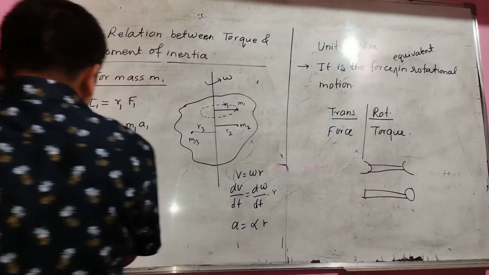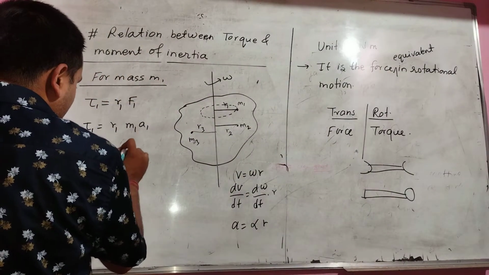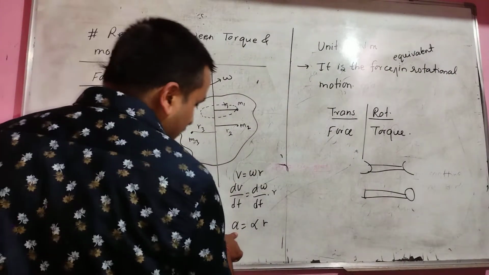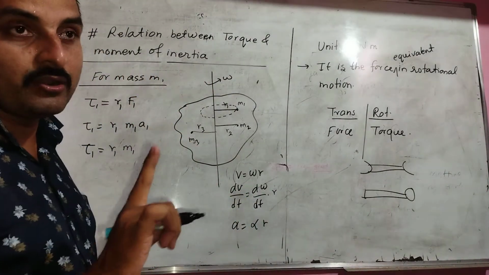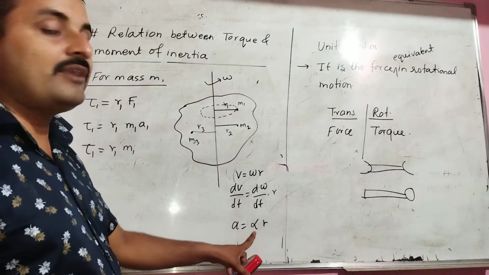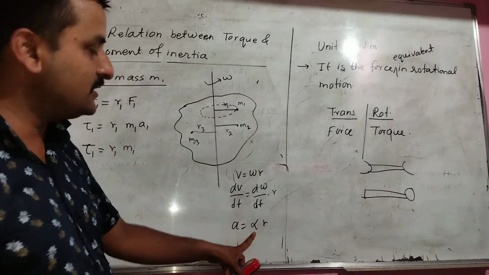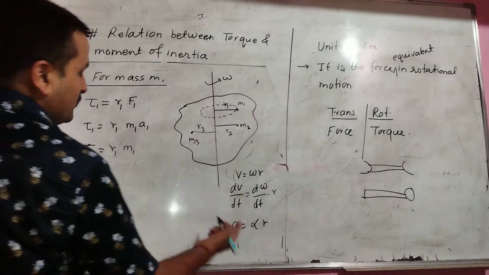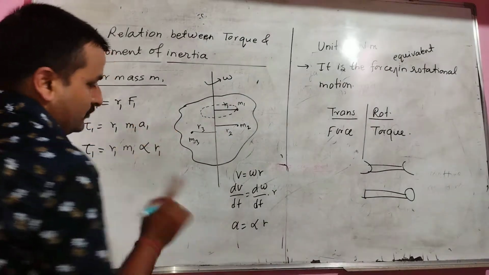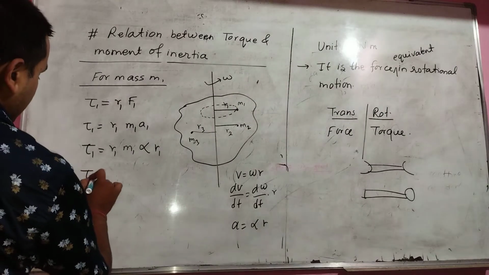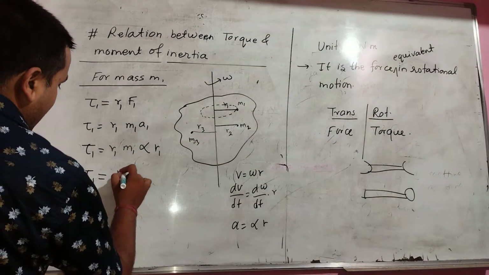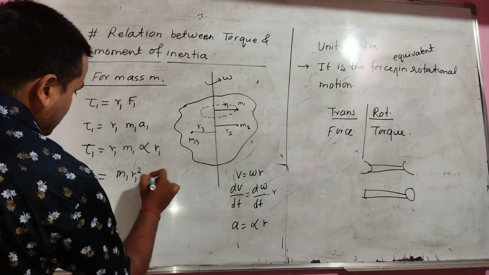So here also tau is equal to r1 m1, and in place of a1 we can just write alpha times r1. We will not write alpha 1, alpha 2, because the angular acceleration alpha remains the same. Keep it in mind. So tau 1 is equal to m1 r1 square times alpha.